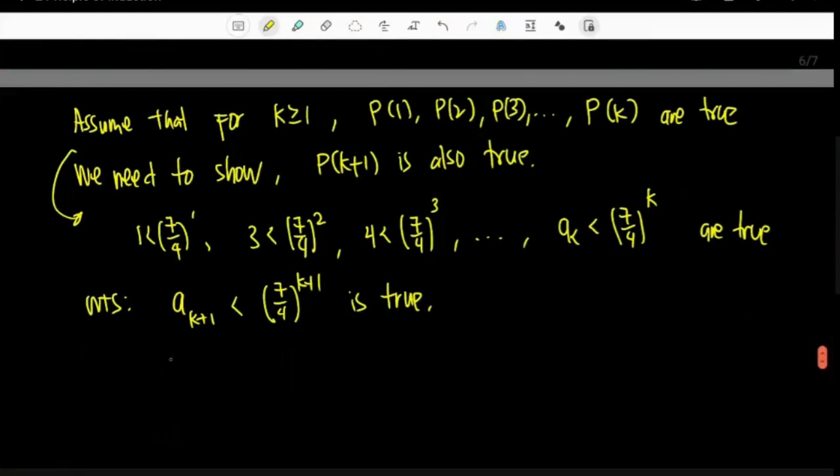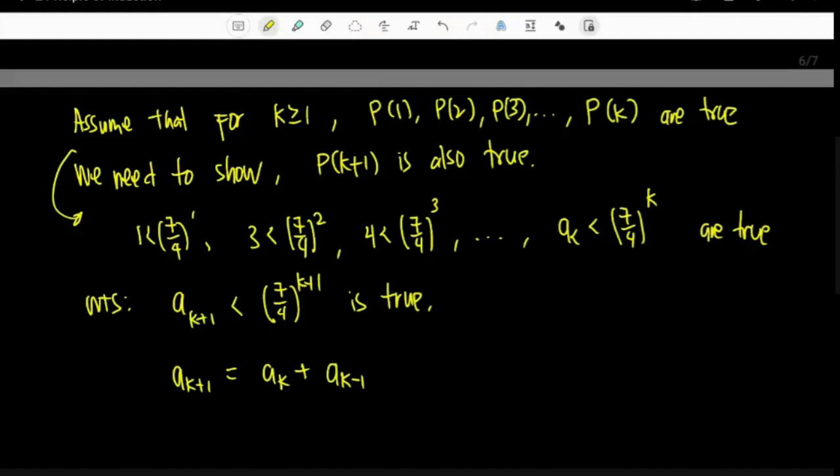By formula, this is equal to a sub k plus a sub k minus 1, the two preceding terms. So if we're on the seventh term, we need the sixth and the fifth term. If we're on the k plus 1 term, we need the kth term and the one preceding that, the k minus 1 term.